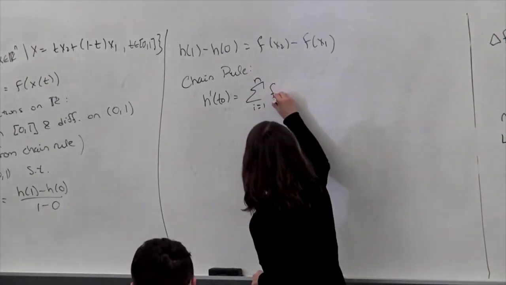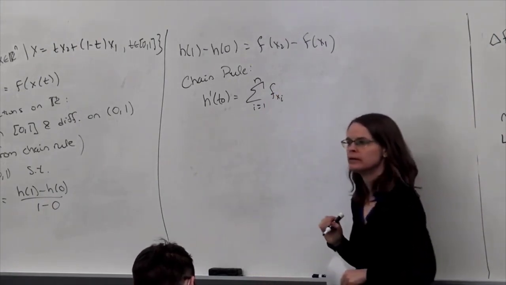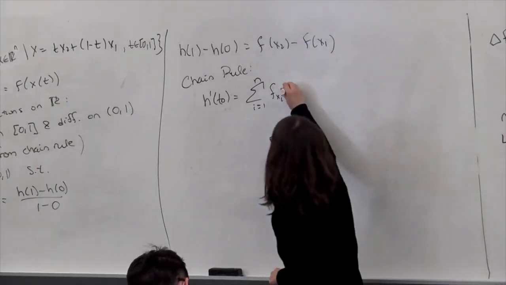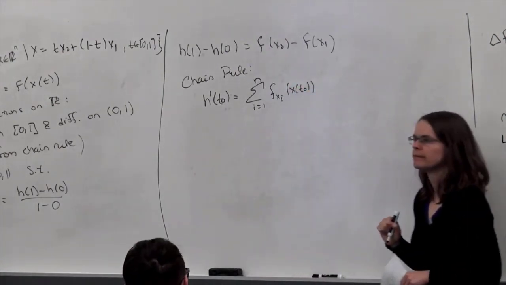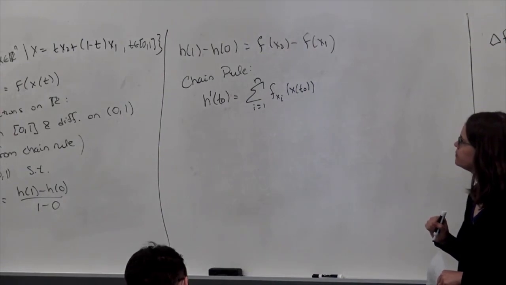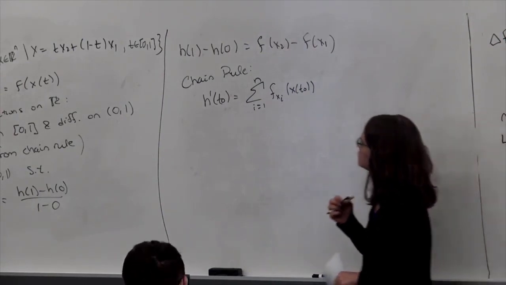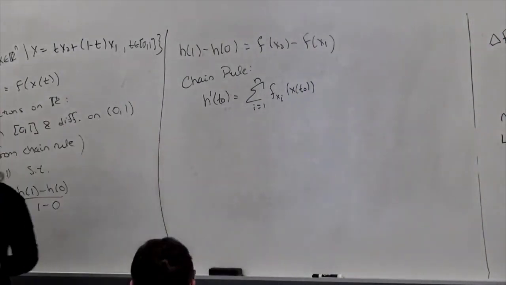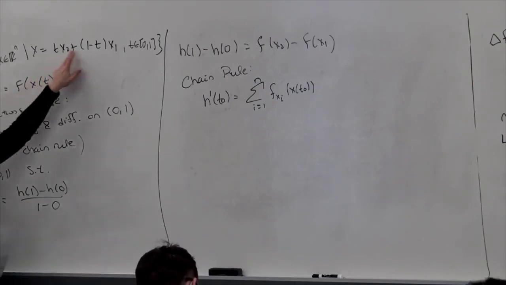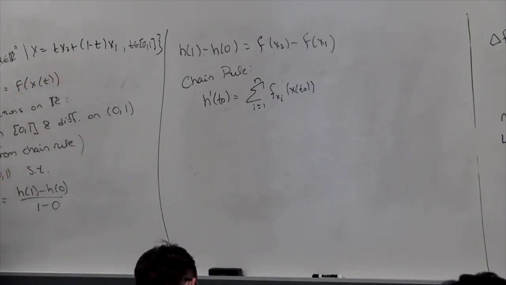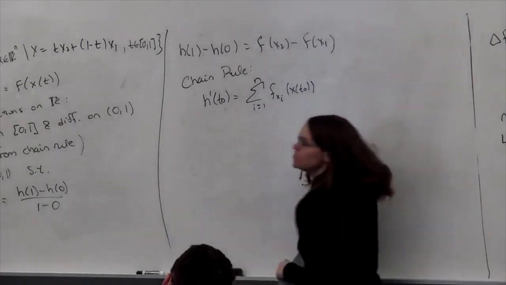So the derivative of f with respect to xi evaluated at x of t naught times the derivative of the inner function. If I start taking derivatives of x with respect to t, well, again, x is a simple, linear function. So what do I get? I get x2 minus x1, which is a vector, and now I need to take the ith component of that vector here.